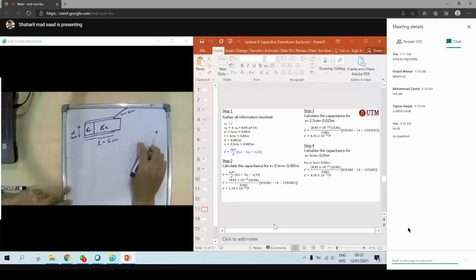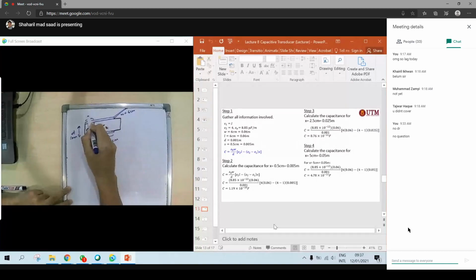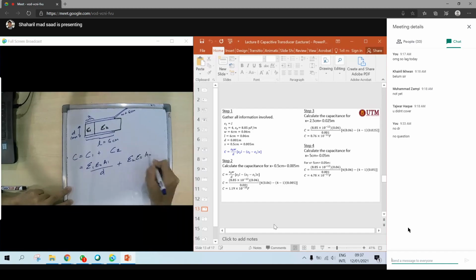Then this is your X. So that means C equal to C1 plus C2, where C1 is ER E naught A1 divided by D, plus ER, that means E2, E naught A2 divided by D. So E1 here, A1 means the area for this part, that is X times W divided by D, plus A2, that means your L minus X, times your W divided by D.